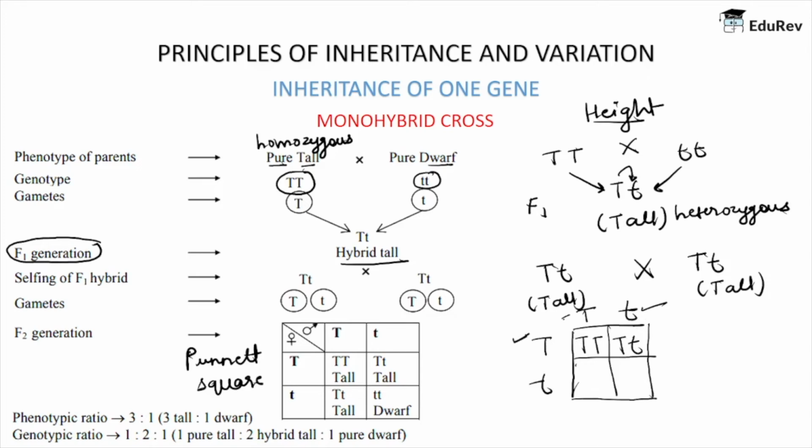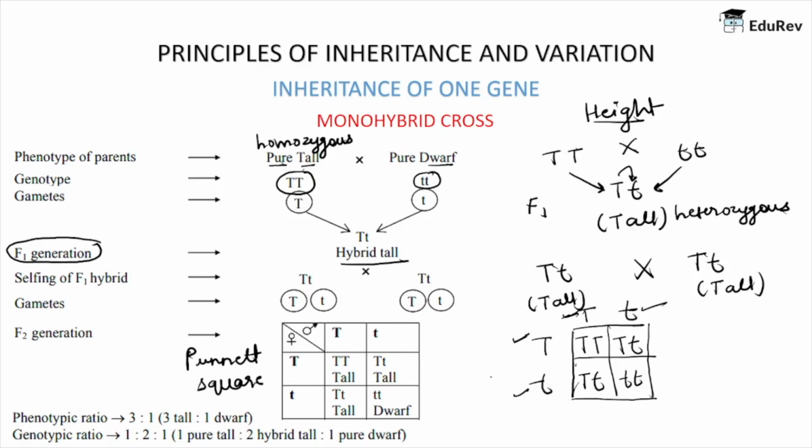And if I cross this capital T with this small t, then again the genetic makeup will become capital T, small t. And if I cross this small t with small t, then it will become small t, small t. So you can also find this in the Punnett square in the image.